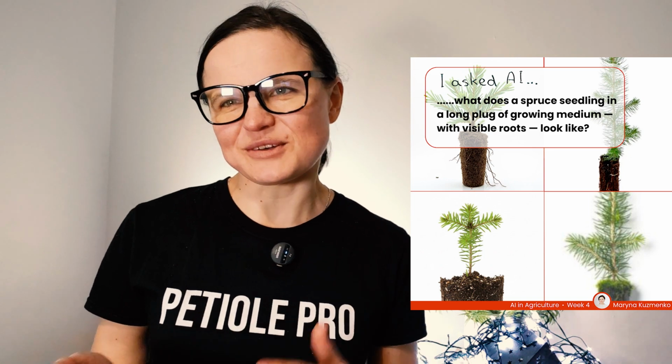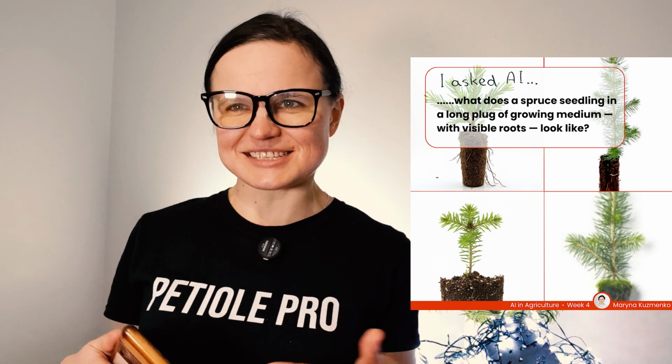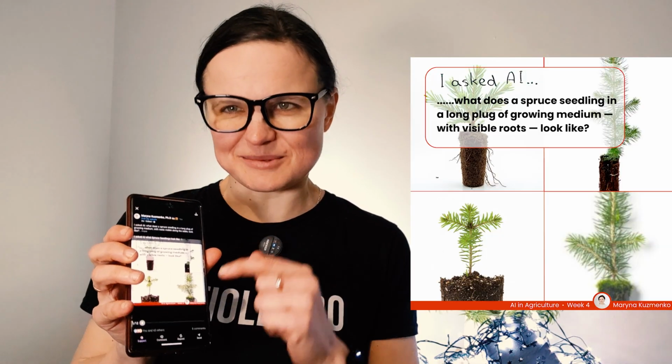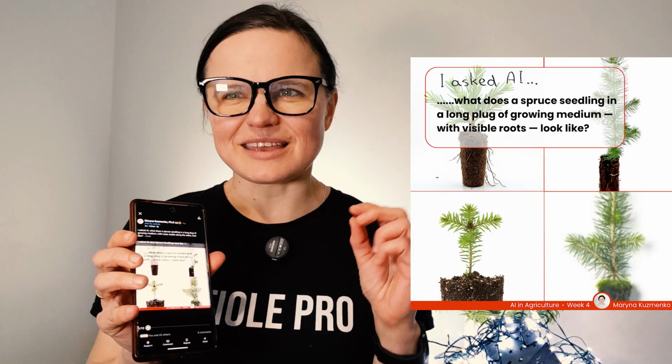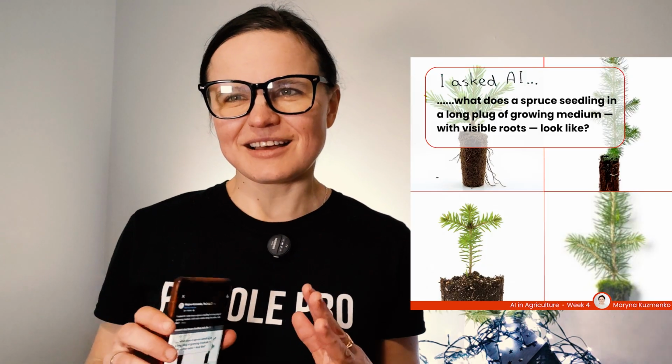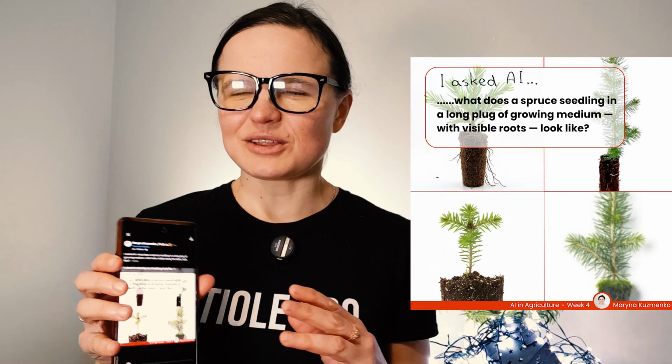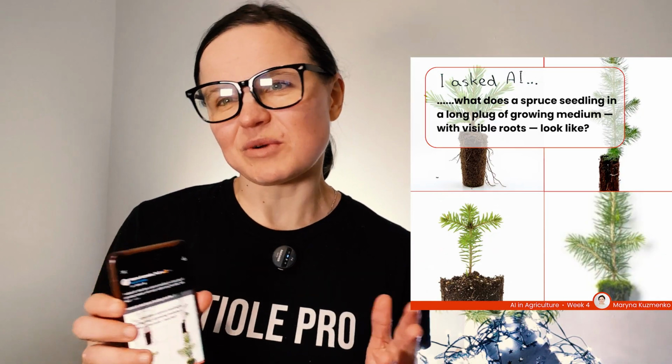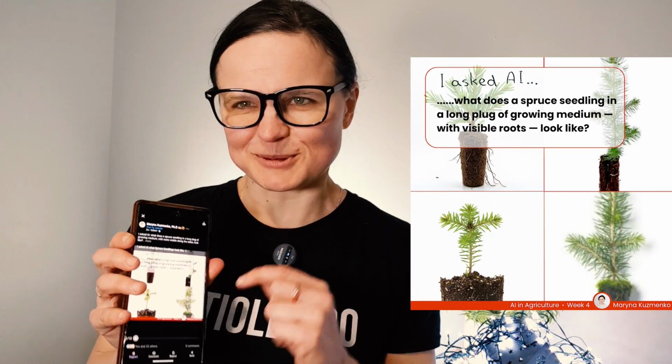Is it healthy or not? How green is it, how big, how are other characteristics demonstrated by these seedlings? That's why this imagery is critically important for training or fine-tuning a model to provide quality control characteristics of spruce seedlings.